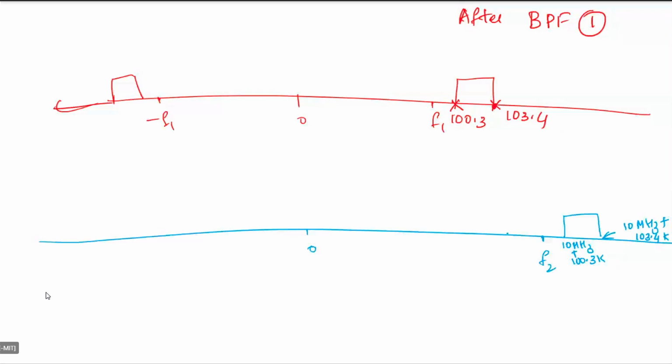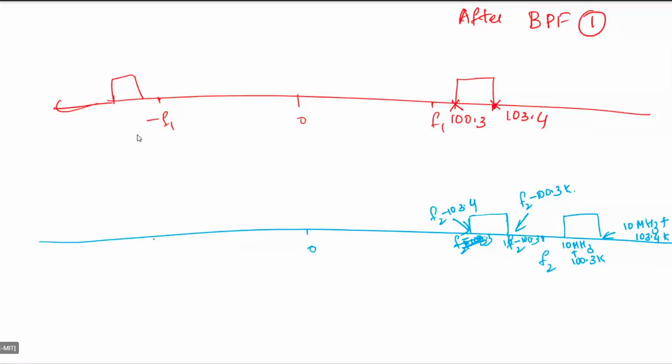And again, you will have one more lower sideband, the product modulator, right? So here it will be 10 minus 100.3, or F2 minus 100.3 and F2 plus 100.3. No, F2 minus 103.4. And this is F2 minus 100.3.